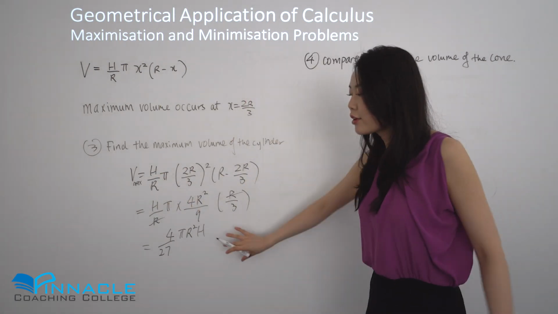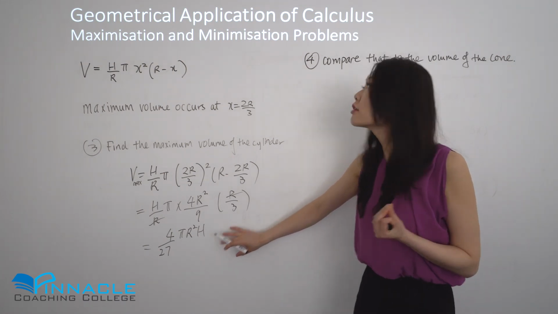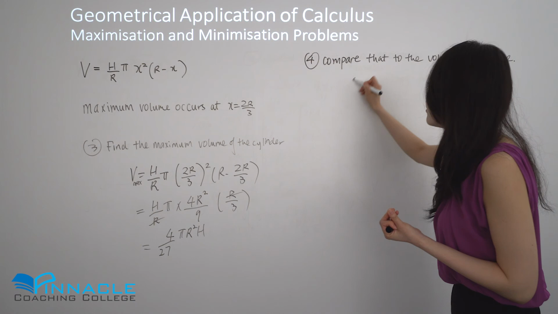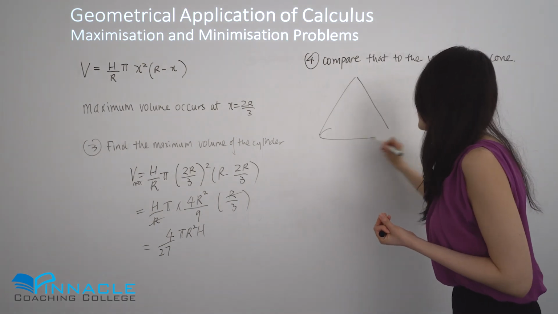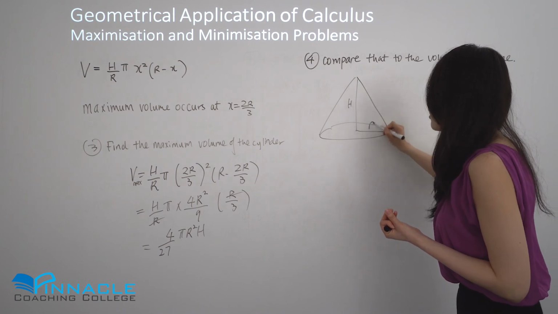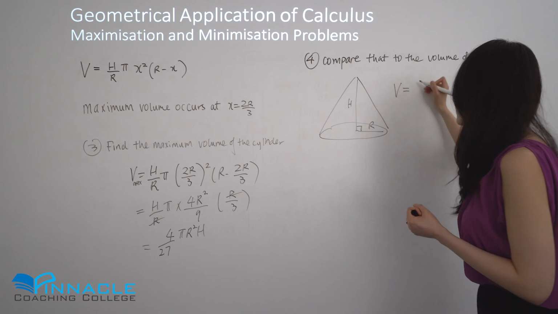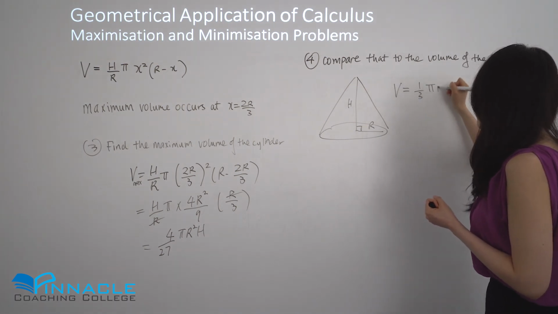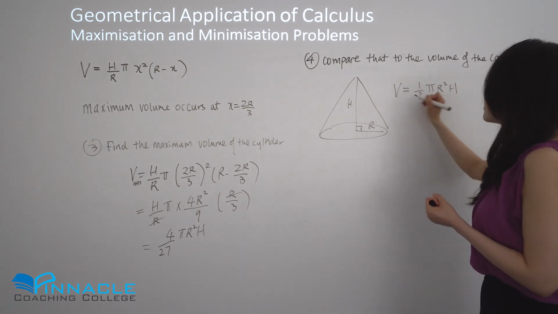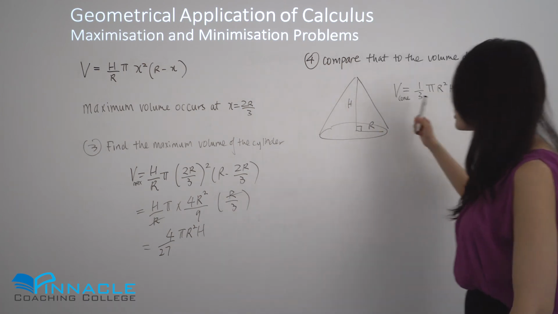Okay, so now that we've got the maximum volume of the cylinder, let's compare that to the volume of the cone. If you recall, the cone had dimensions h and r as the radius. So the volume of a cone is 1/3 πr²h. So we're comparing that to that.